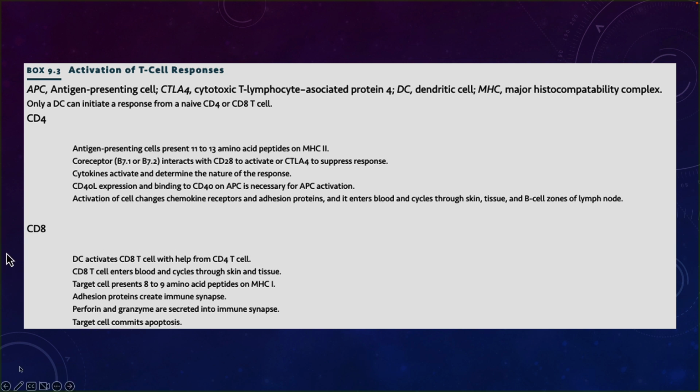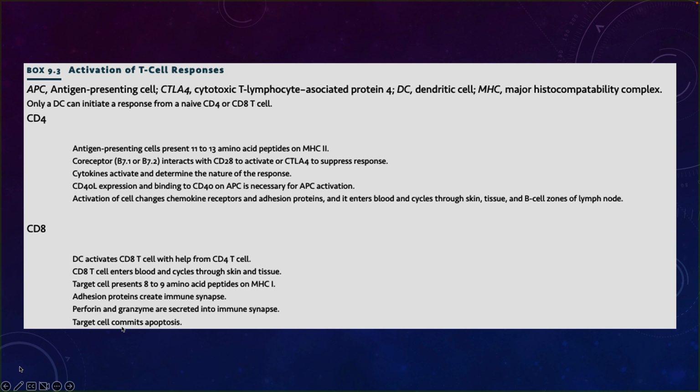CD8 positive T cells are activated through binding of MHC class 1. And MHC class 1 is found on all cells that have a nucleus. CD8 positive T cells are also called cytotoxic T cells or killer T cells, and that's because when they are activated, they can trigger a target cell to undergo apoptosis.